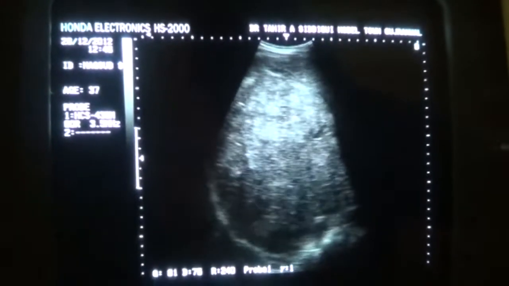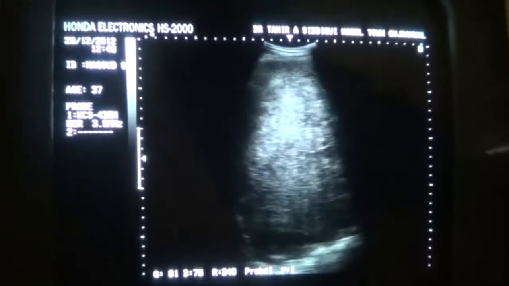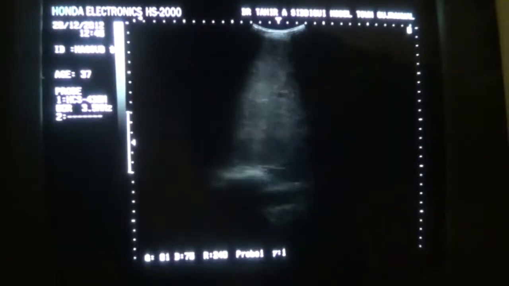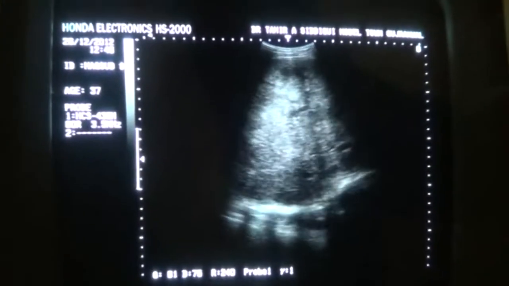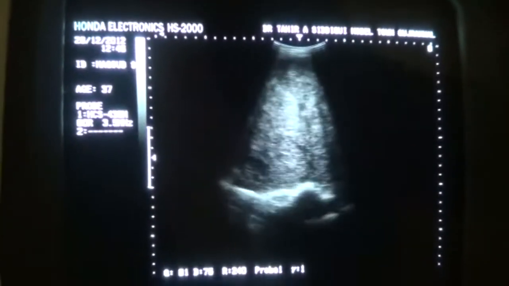It is an infiltrative variety. It's infiltrating into almost all of the right lobe of the liver.